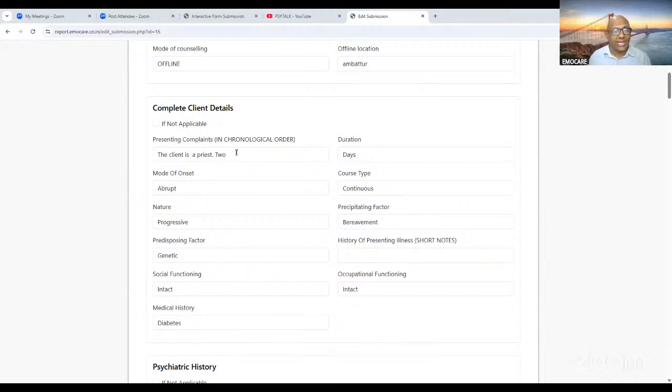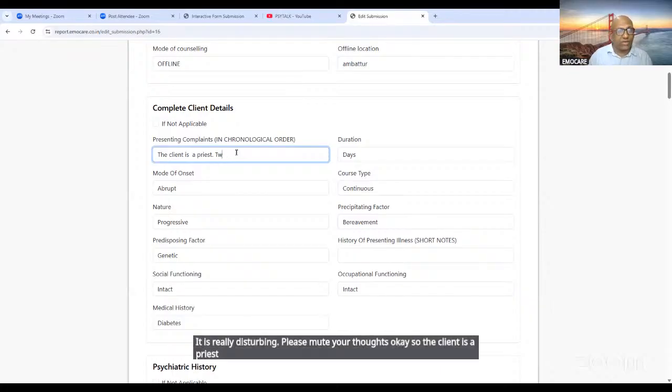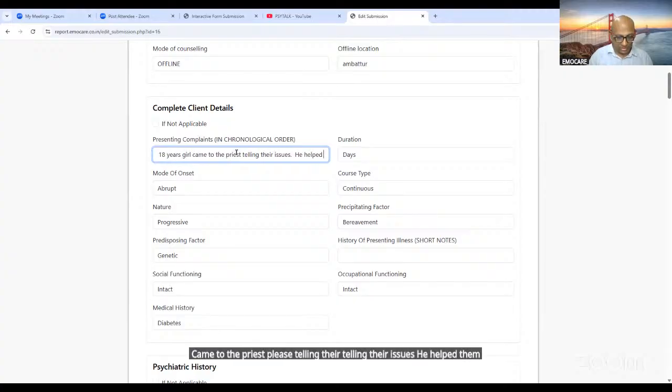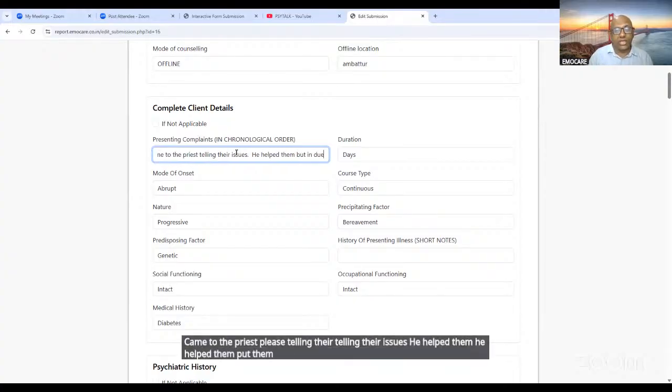Okay. So the client is a priest. A woman and an 18 years girl came to the priest telling their issues.